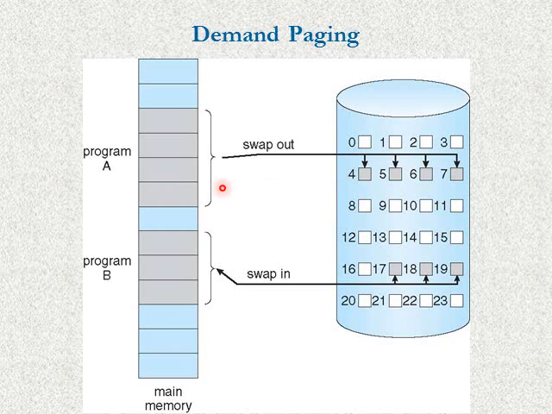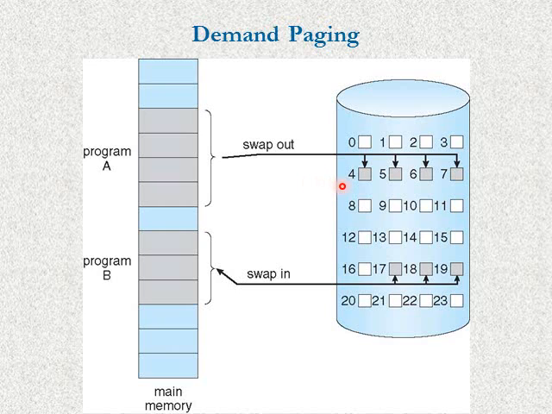However, if there is no modification in a page that is swapping out, then we can ignore that copying from the main memory to the swap space. So we can optimize the working of demand paging through selective copying of pages from the main memory back to the swap space, only doing it when they are actually required.